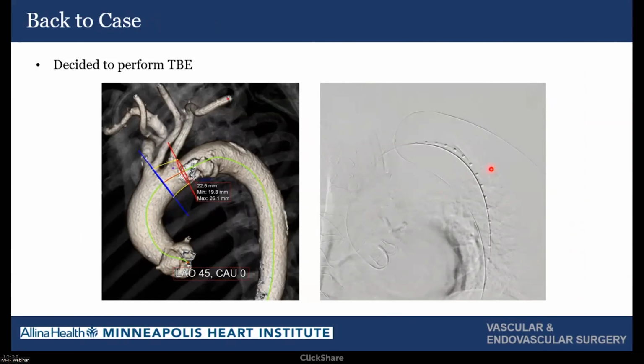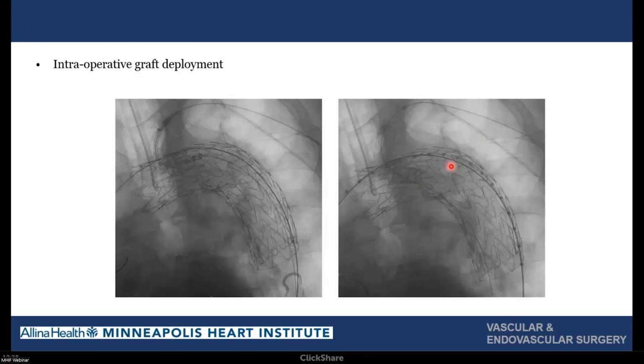Oops. Anyways, not going to play it, but the angiogram looked very similar to the CT scan. So you can see these are just still images of the device after it's been deployed. The side branch has been advanced through the portal, and then this is after ballooning the device.